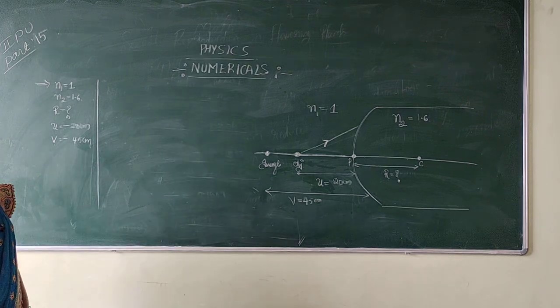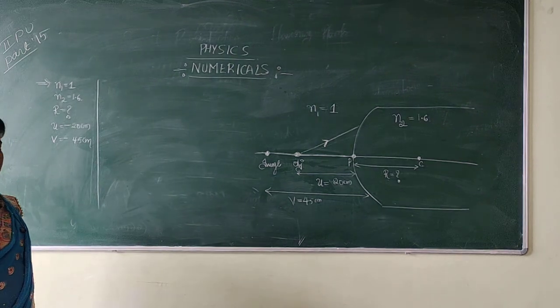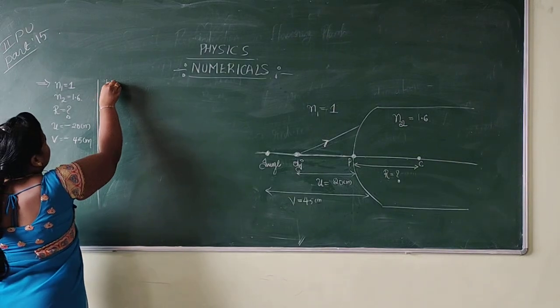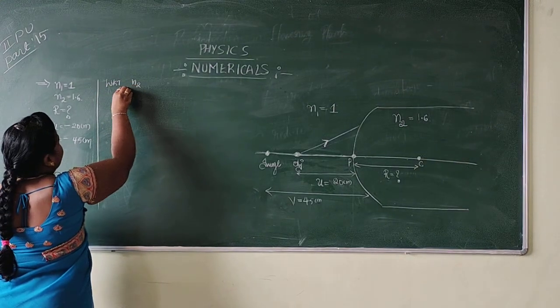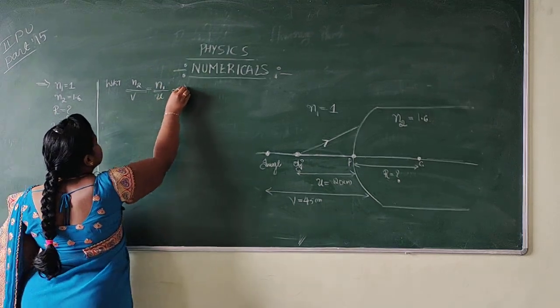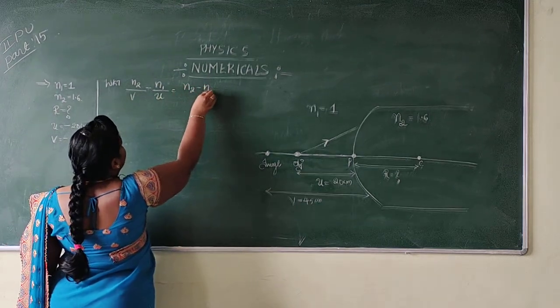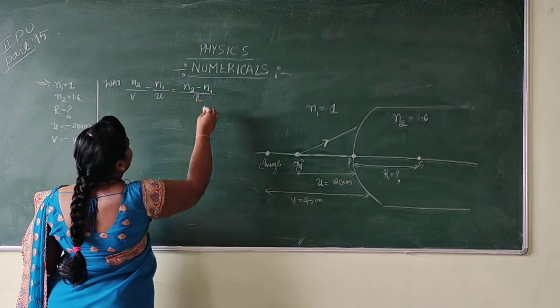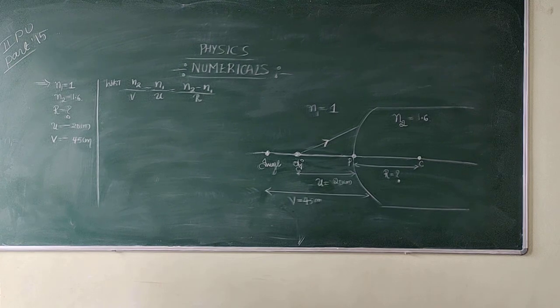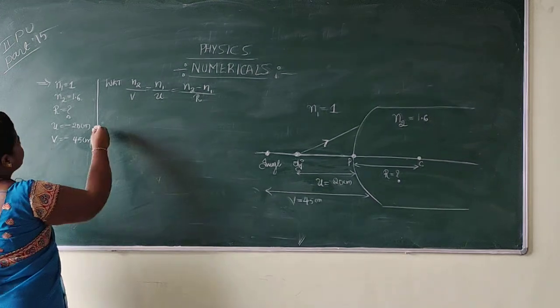Which formula is required now? Again I am moving with the same formula. This is what we know: n2 by v minus n1 by u is equal to n2 minus n1 divided by r. We have to calculate r. Let us substitute all the values and move on with the calculation.